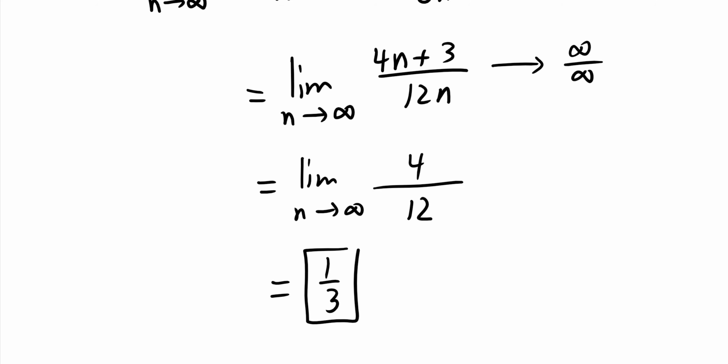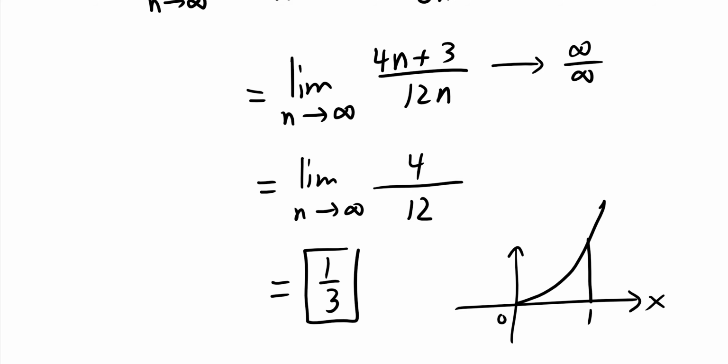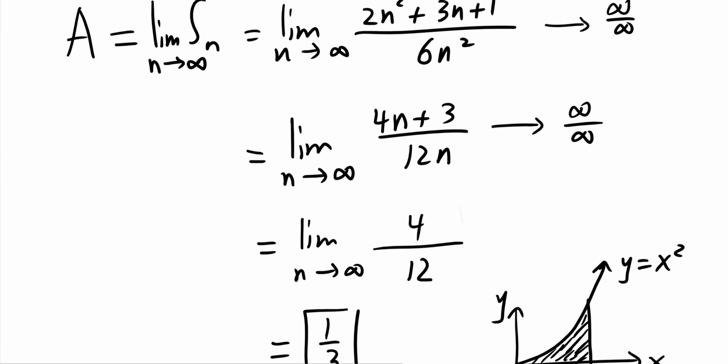That's really the exact area under the curve, the area of the shaded region here, from 0 to 1. This is y equals x squared. The area under that is exactly 1/3. And guess what? If you divide 1 over 3 on the calculator, it's going to give us 0.33333 and so on forever.